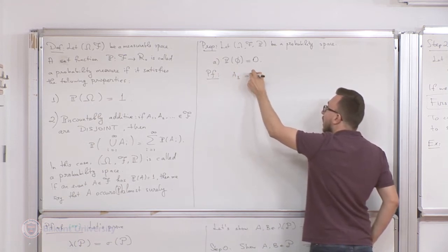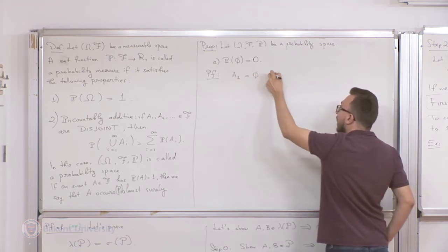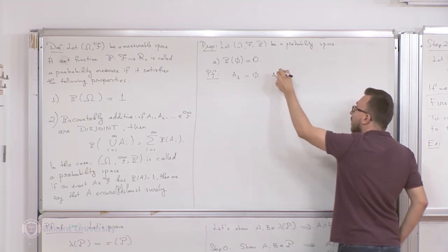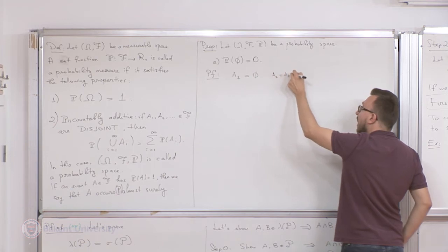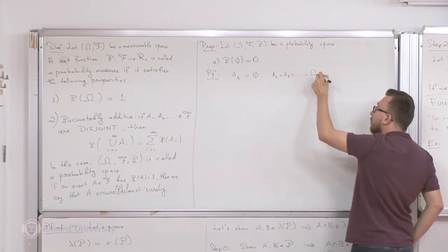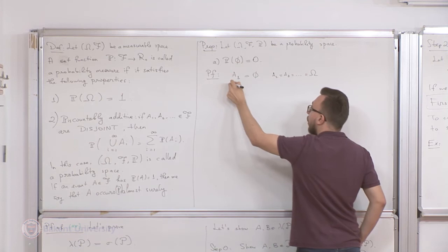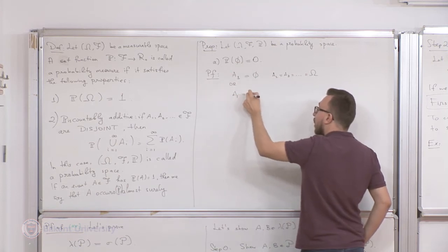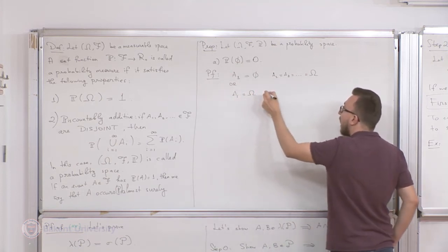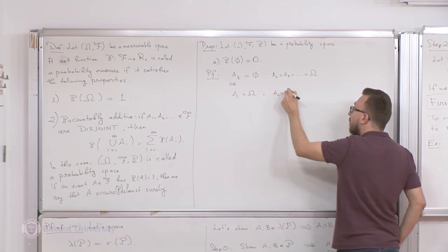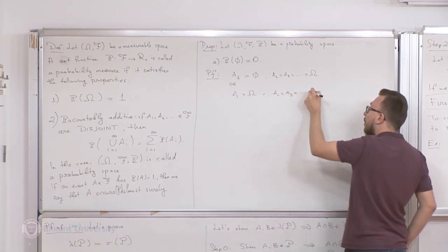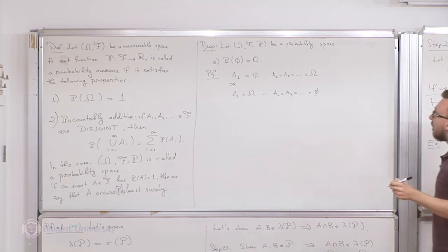This is the empty set, and then you're going to have A2, A3, dot, dot, dot equals this, or A1 is this, and then A2, A3 are all empty sets. Which one works?